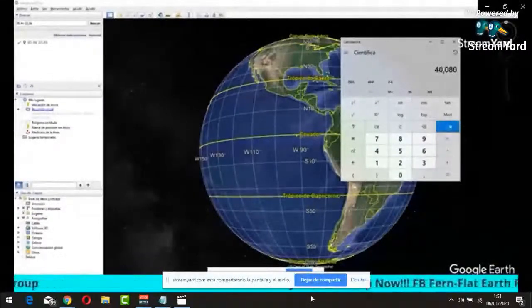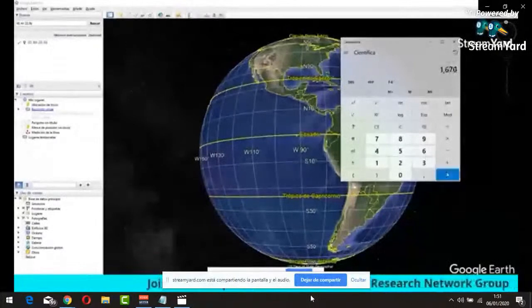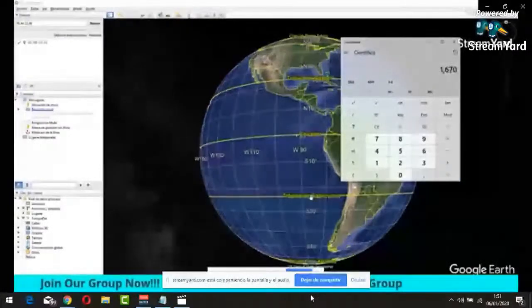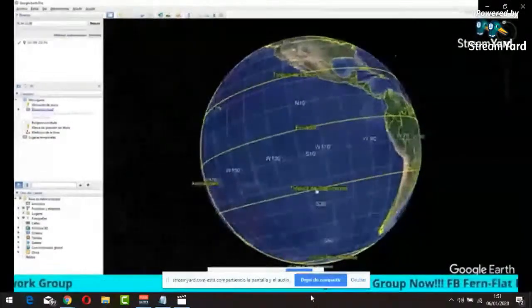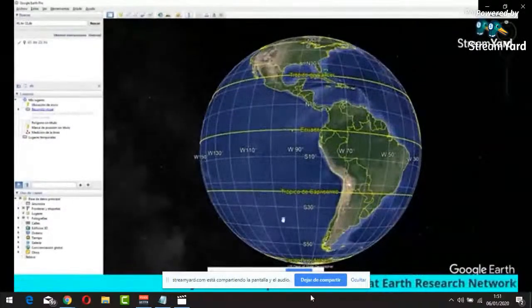And this is probably approximately the real size of Capricorn.